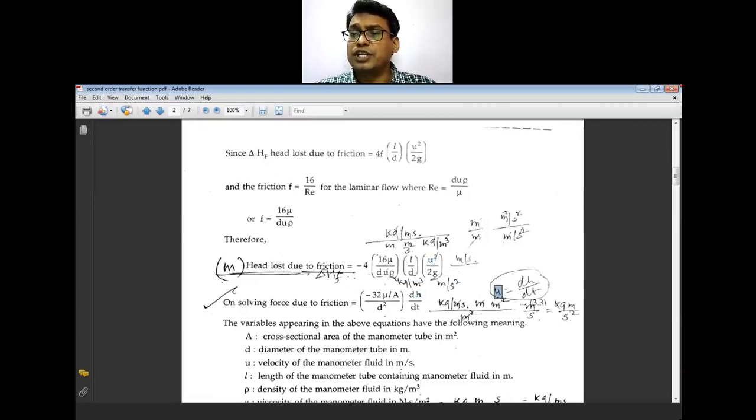U is the change in distance per unit time, where dH is the distance and dt is the time. So the change in distance per unit time is nothing but your velocity, the distance traveled in a unit time.